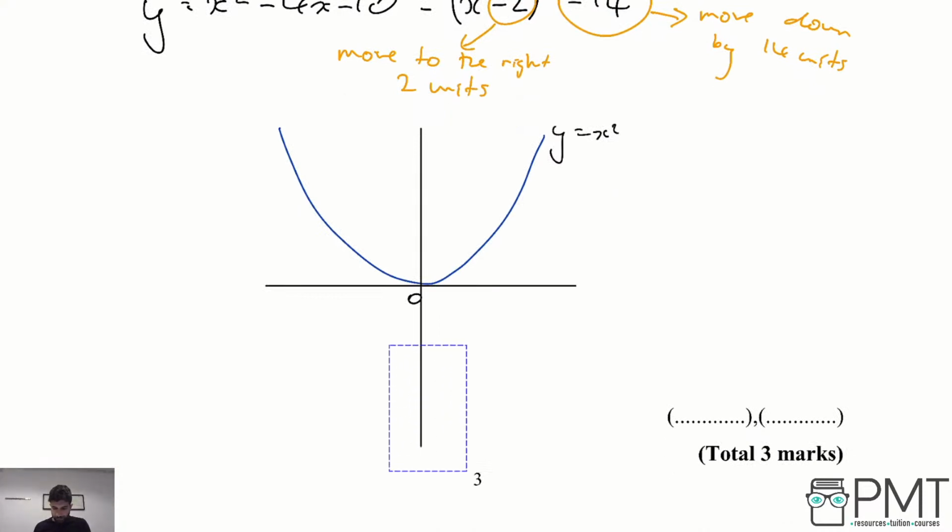So 14 units going along the y-axis in the negative direction. Say this is 2, and then this is minus 14. This is what we are going to get at the end. So you can see that this coordinate is going to be 2 and minus 14.